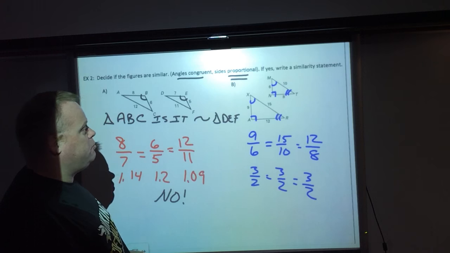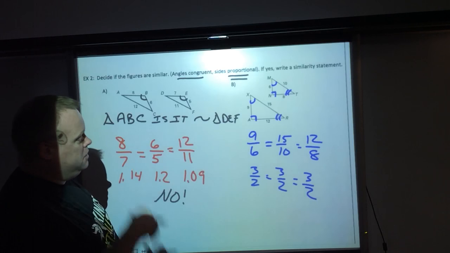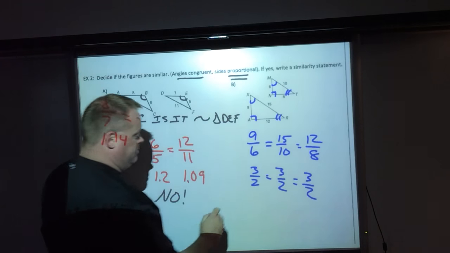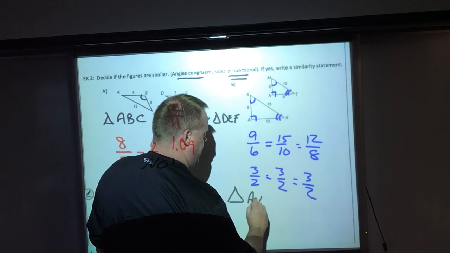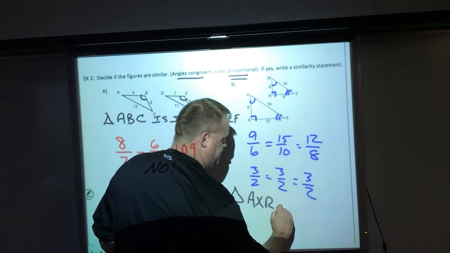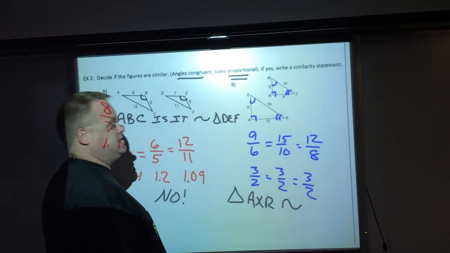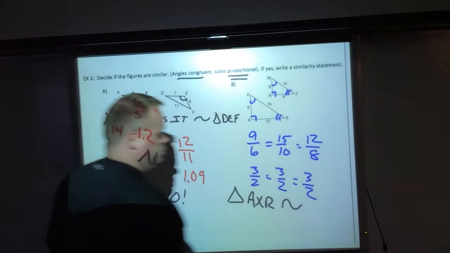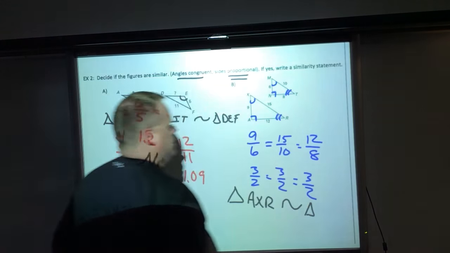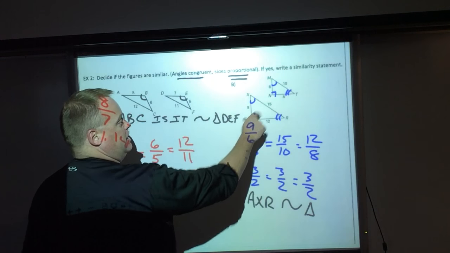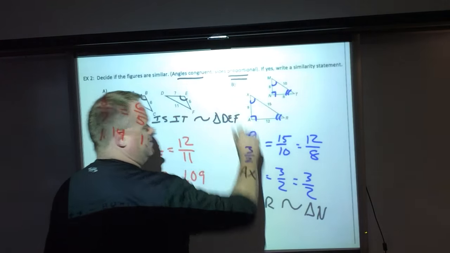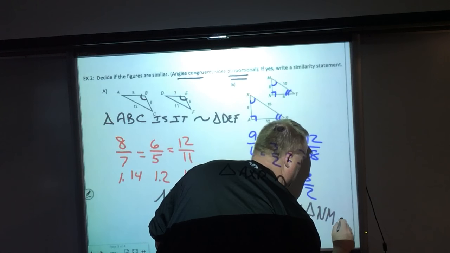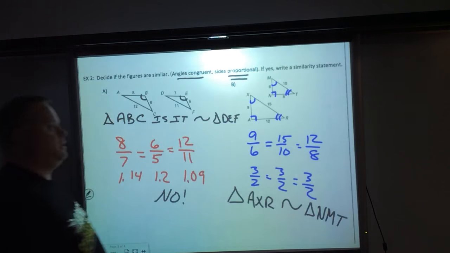So let's write the similarity statement. I'm going to say that triangle AXR is similar, notice my symbol, is similar to triangle. Since I started with A, I must start with N, MT. All right.